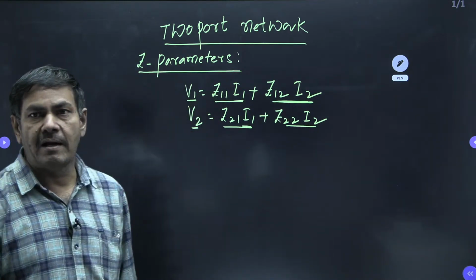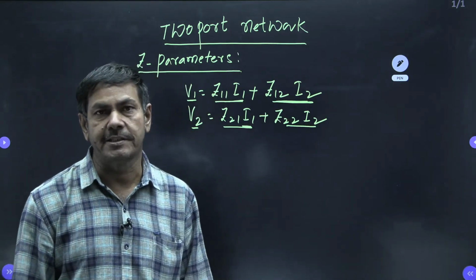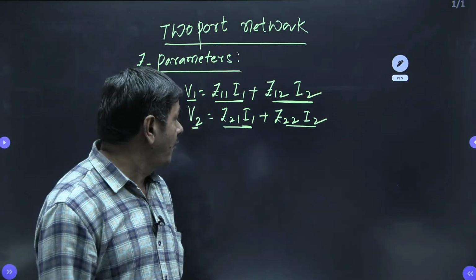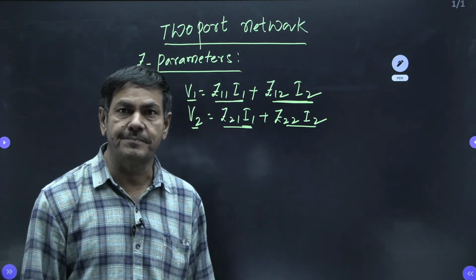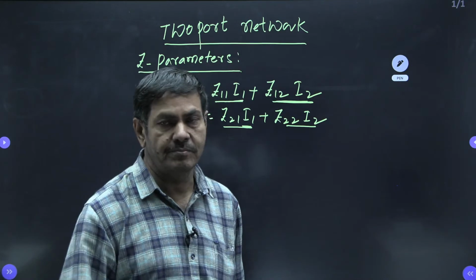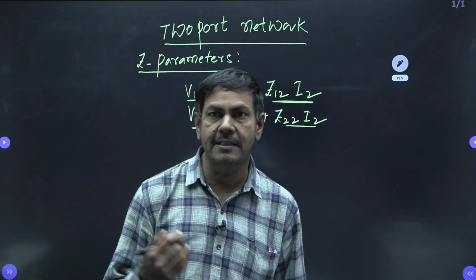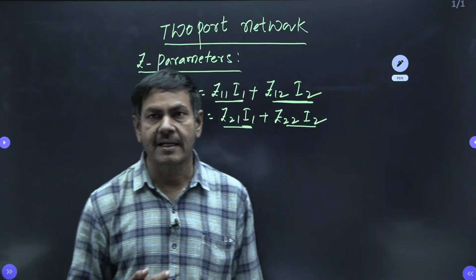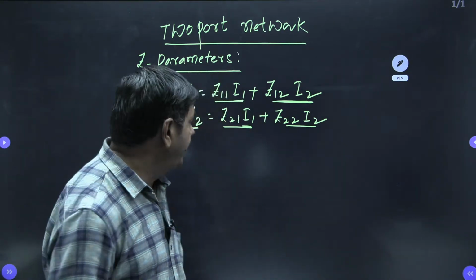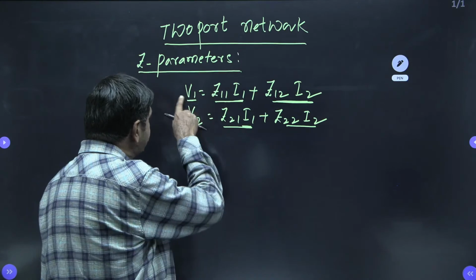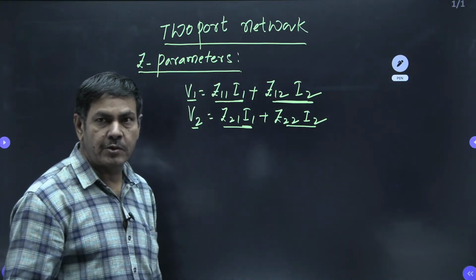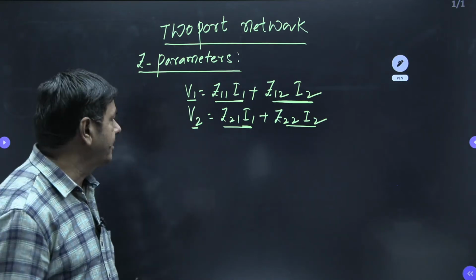These two are voltage equations. The input voltage is V1, the output voltage is V2. So we need to draw Thevenin's equivalent circuit. Voltage indicates Thevenin's equivalent circuit, current indicates Norton's equivalent circuit. V1 and V2 are both voltage equations, so the input circuit must be Thevenin's and the output circuit also Thevenin's.